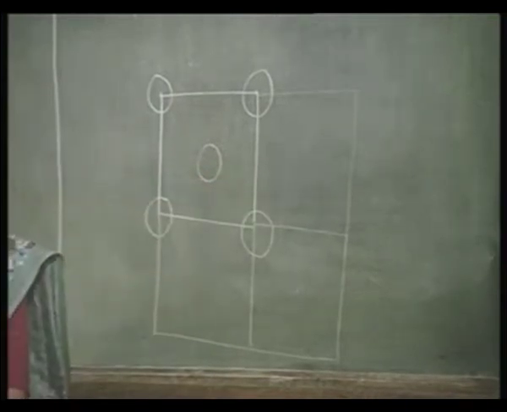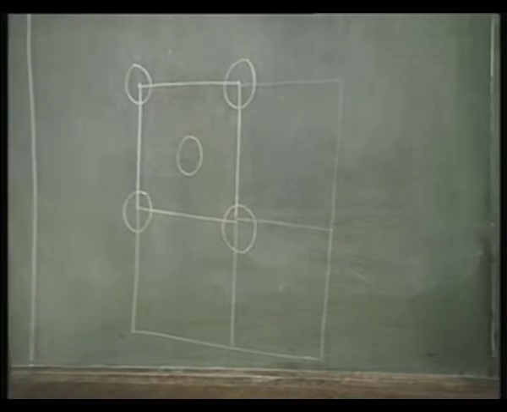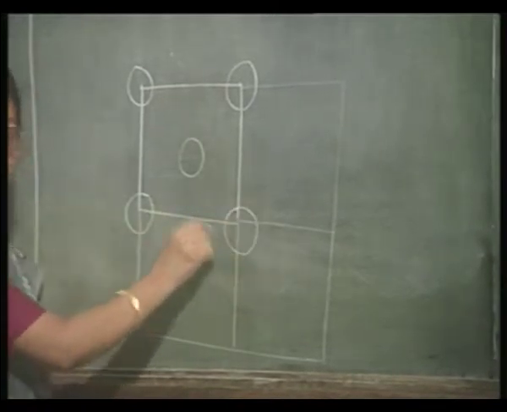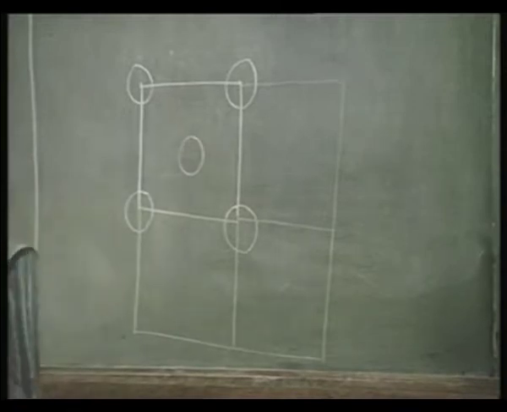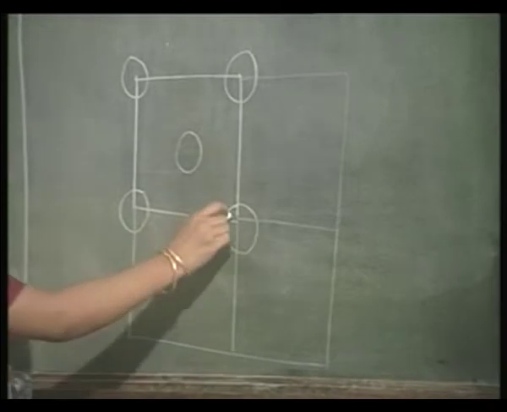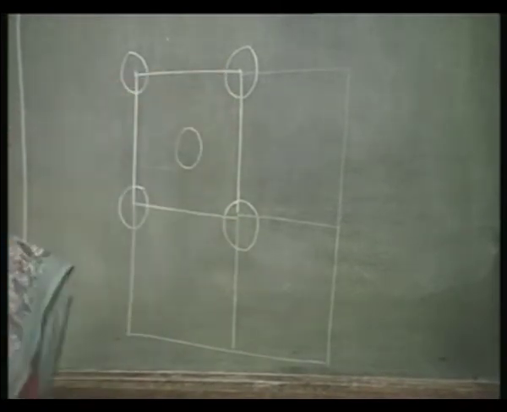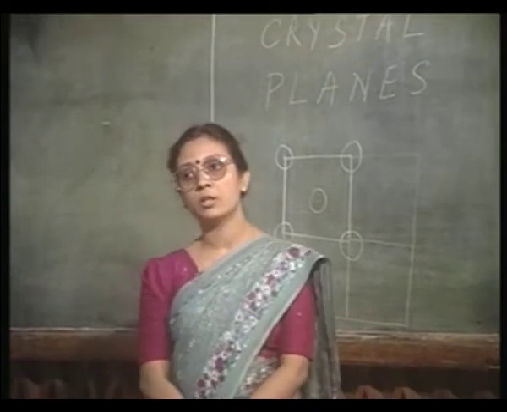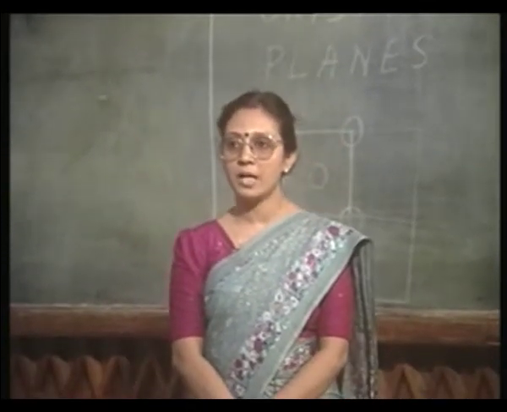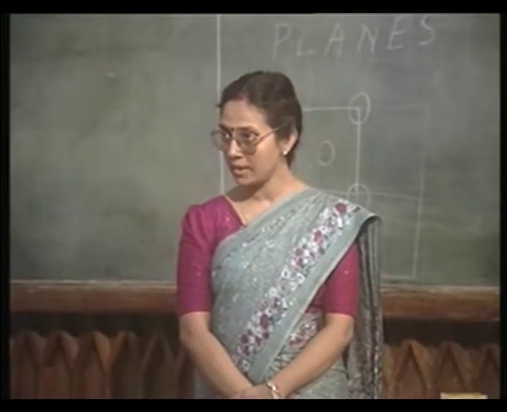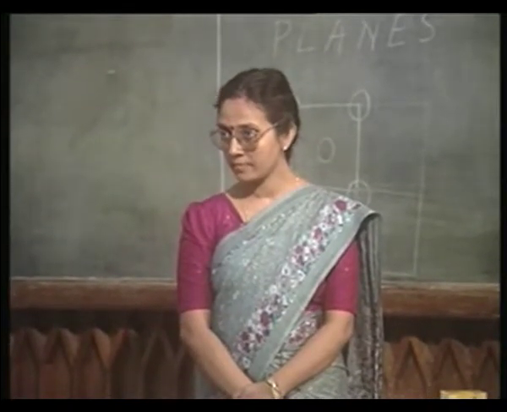I have drawn 4 1 0 0 planes here and you can see that this atom is shared by all 4 of them. Since there is nothing to distinguish between this corner atom and this corner atom, all the corner atoms are shared by 4 of the 1 0 0 planes.